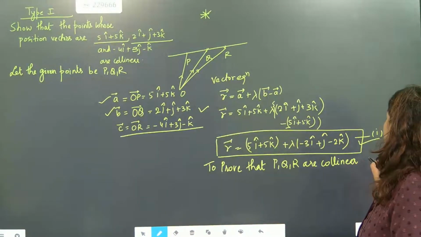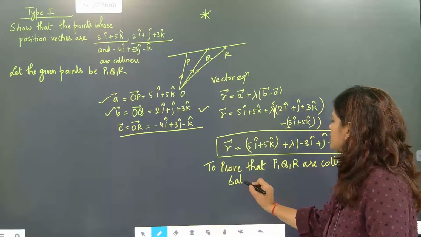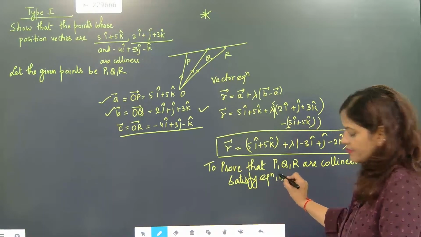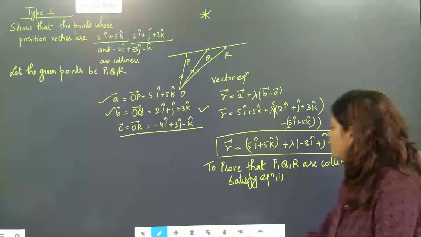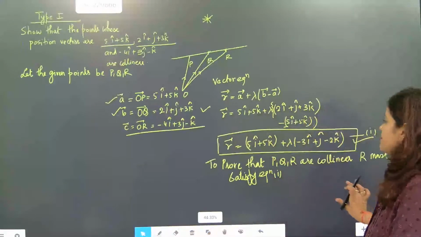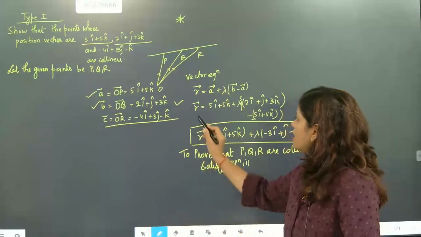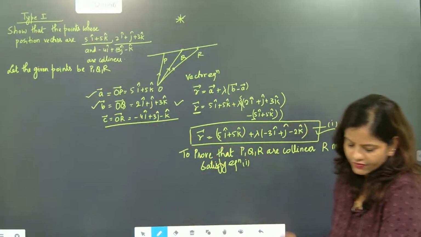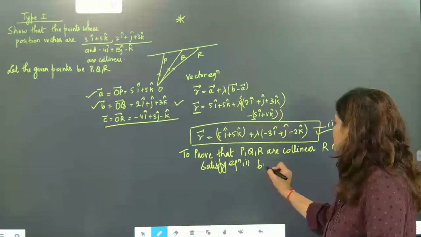So for collinearity, R must satisfy equation 1 below. Okay, equation 1. Now what will we do? We will replace R vector, beta. We will replace R vector by the C part. Then only it will be checked.